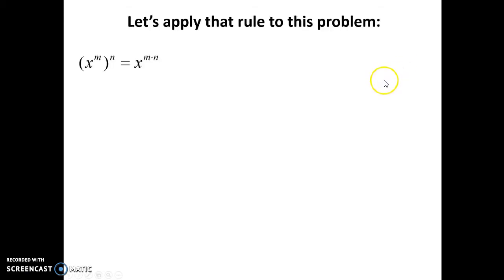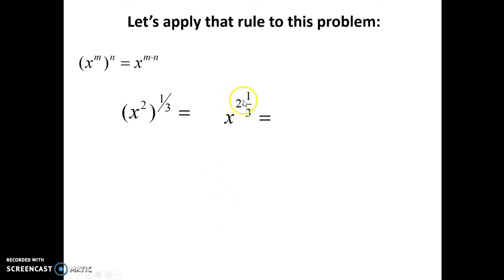All right, let's apply the rule to this problem. Remember that x to the m raised to the n, if I have a power raised to a power, I multiply my powers. Here I've got a power raised to a power. Guess what we're going to do? Yeah, we're going to multiply our powers.